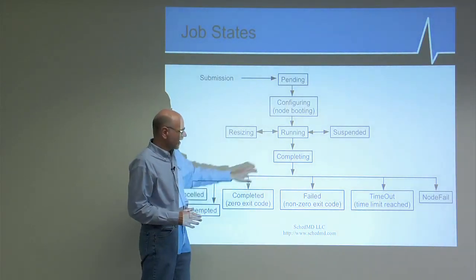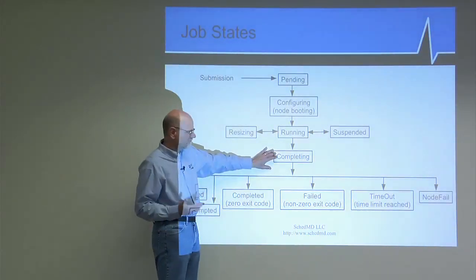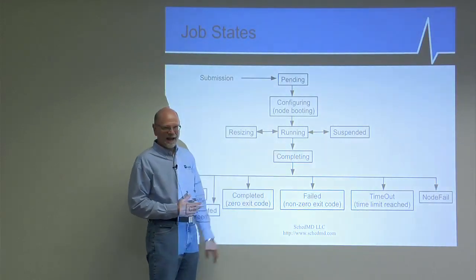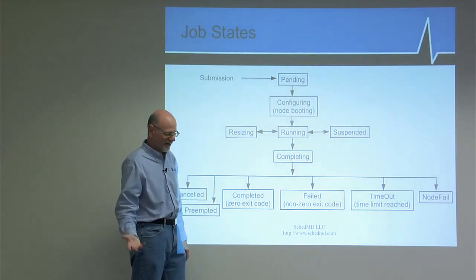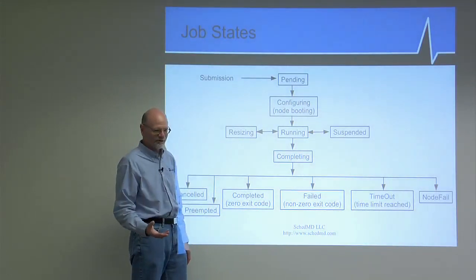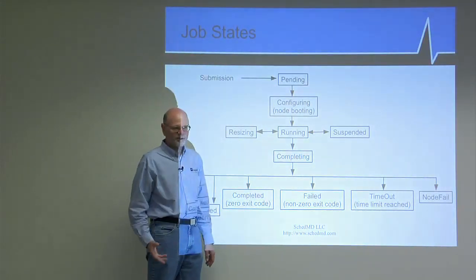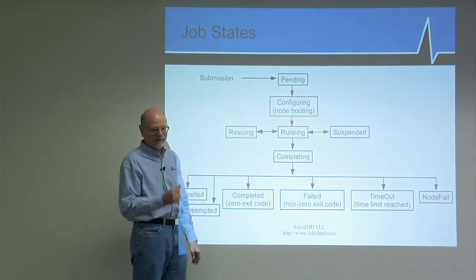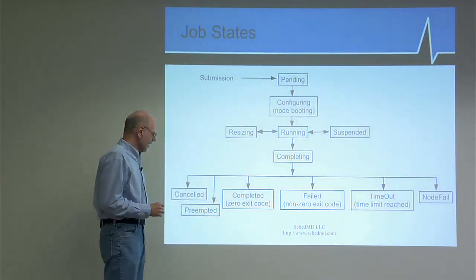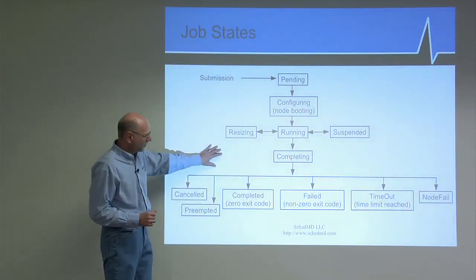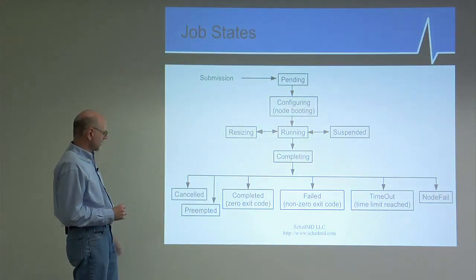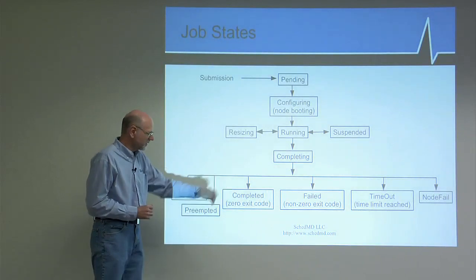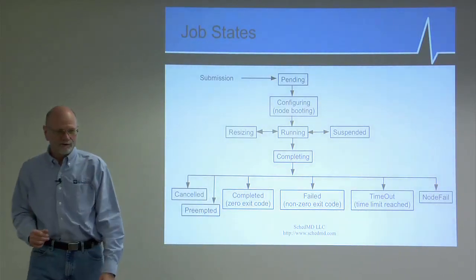So if you've got a job that's allocated 128 nodes, for example, and there's some non-killable process because of a Lustre file system problem on one of the nodes, you can recover everything but that one bad node. And then after the job's completed, it would be in one of these completion states, whether it was canceled or preempted, failed, timeout, or whatever.